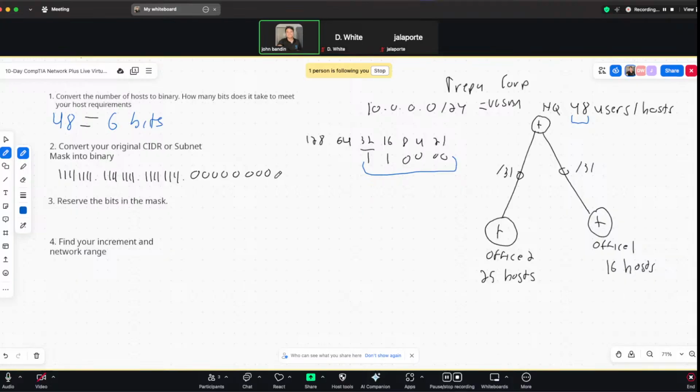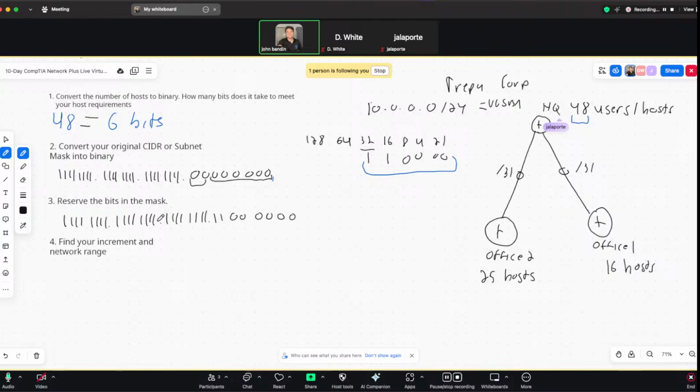That means from right to left, it took us 6 bits. So in our last octet, from right to left, we need 6 host bits. That means the rest of these convert to 1s.